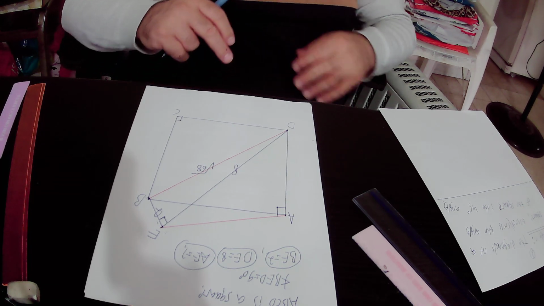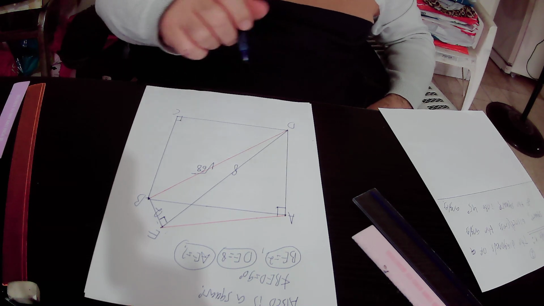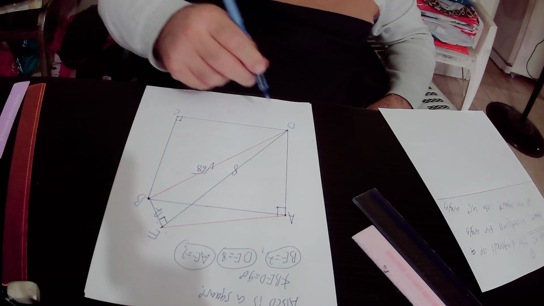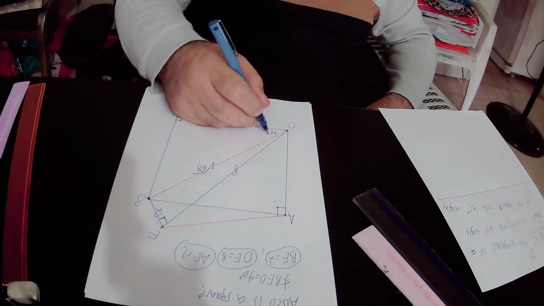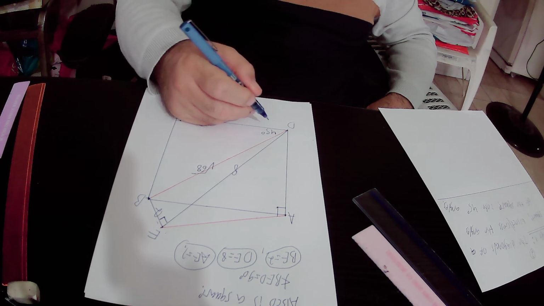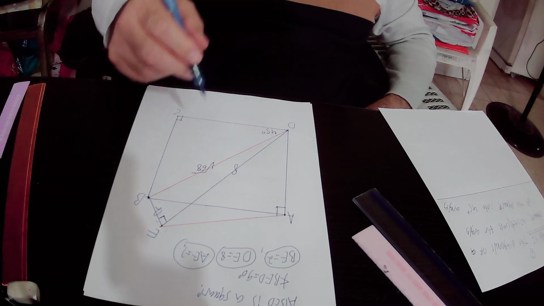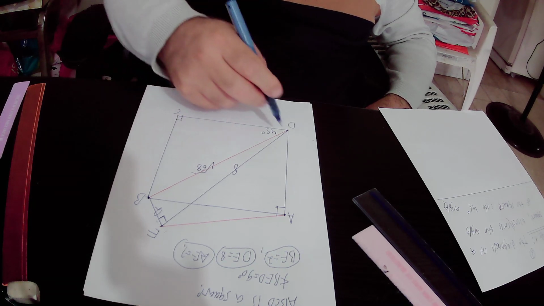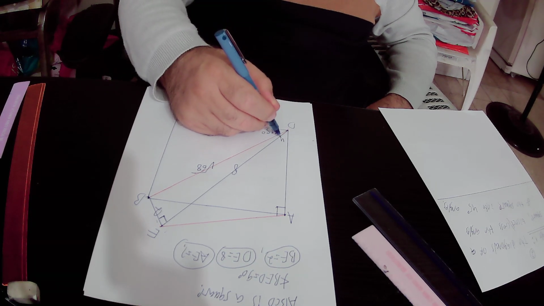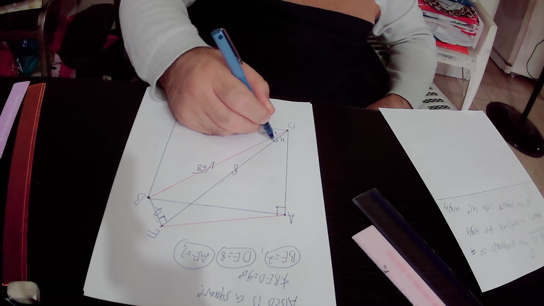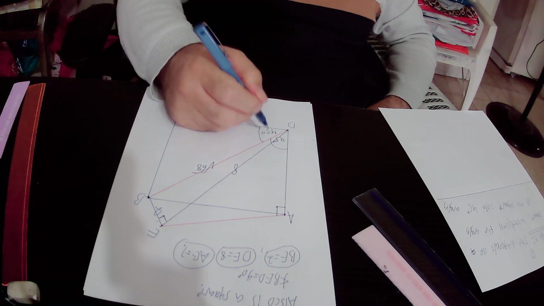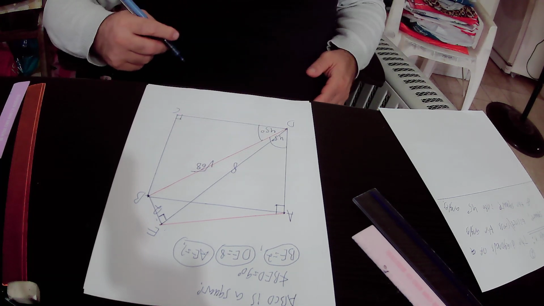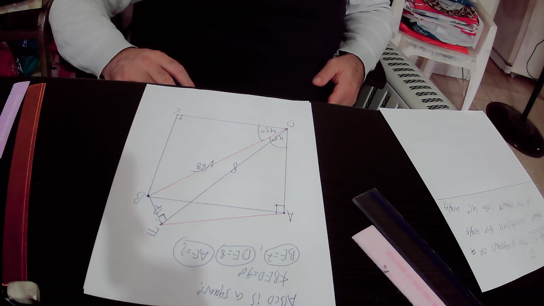That is to say, angle BDC will be equal to 45 degrees, and also angle BDA will also be equal to 45 degrees. Why? Because the diagonal BD divides the angles of a square into two equal angles.